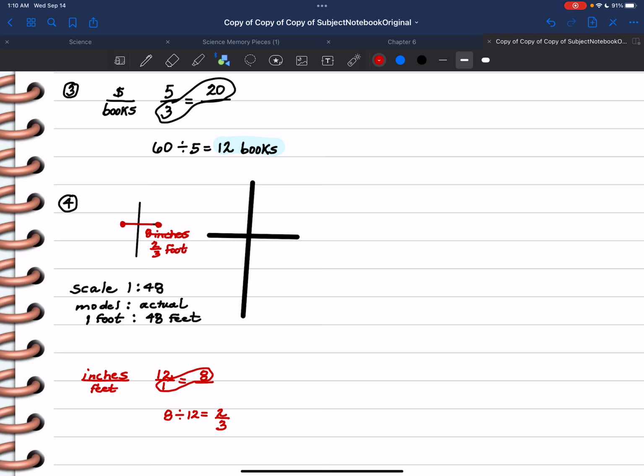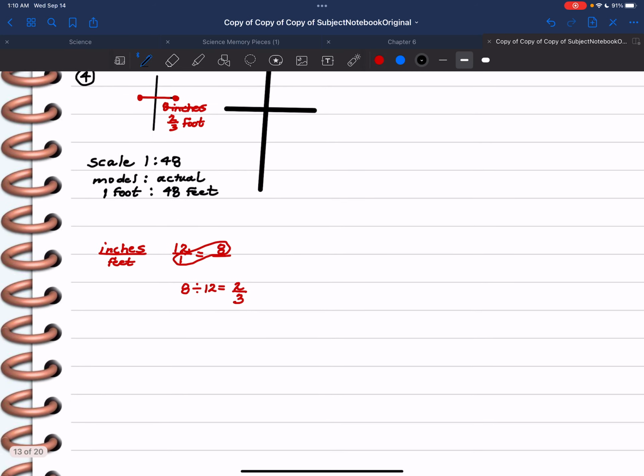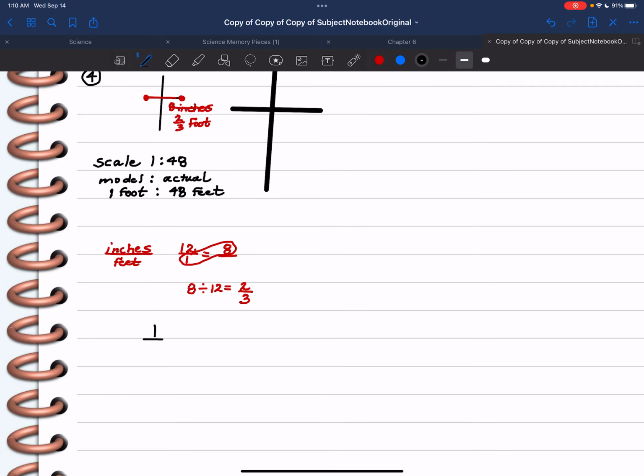And now we're ready to set up our problem. So we have the scale of 1 to 48. And on the model, we have a 2/3 foot wingspan. So we're going to multiply 48 times 2/3 using the calculator. And that is 32. Divided by 1 is 32.